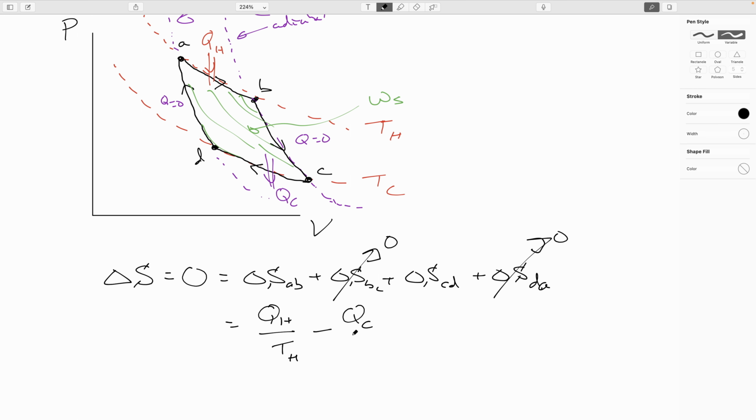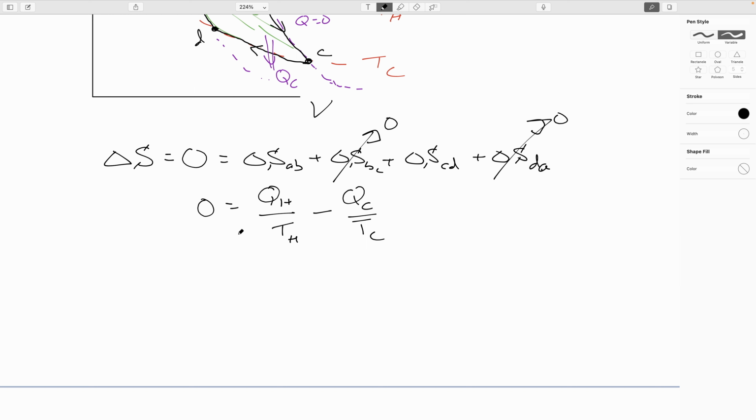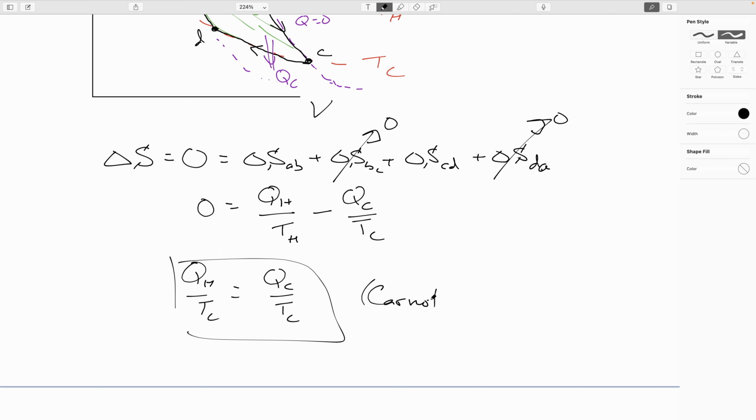So this will be minus Q cold over T cold. And that's still got to be equal to 0. So what we get, and this is only true for the Carnot cycle, is that Q hot over T hot equals Q cold over T cold.